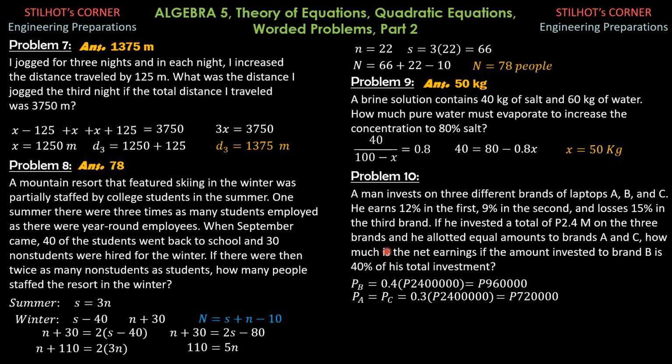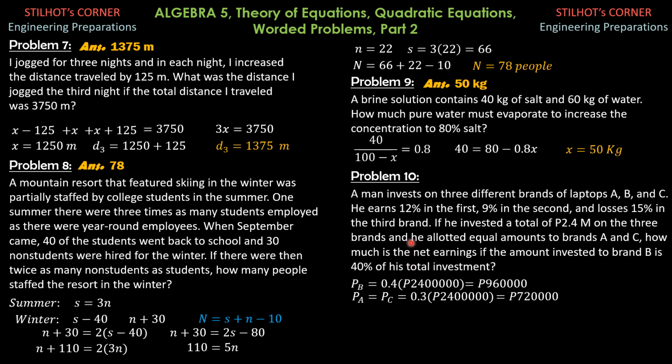Therefore, the net interest is equal to product of principal and rate of simple interest. And take note that the man loses 15% in the third brand. So it should be negative 0.15 times 720,000.